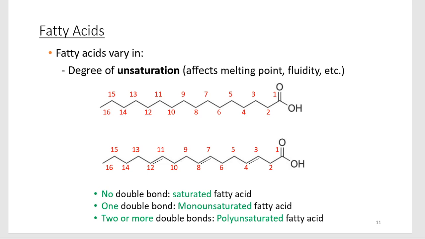Fatty acids vary in degree of unsaturation or saturation, which affects physical properties of lipids, such as melting point. Again, we have two figures. Here, this connection with red color numbers on it represents carbons. So when we say saturated fatty acids, saturated means it's fully saturated with hydrogens.